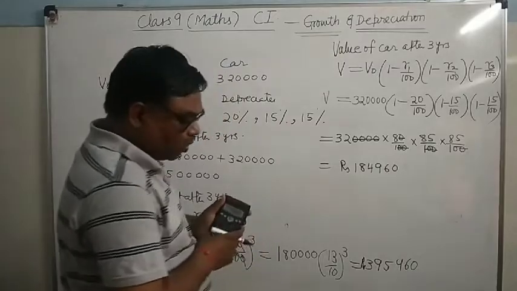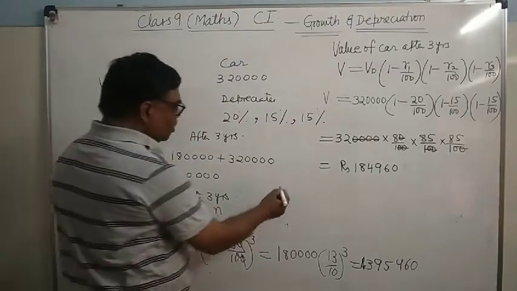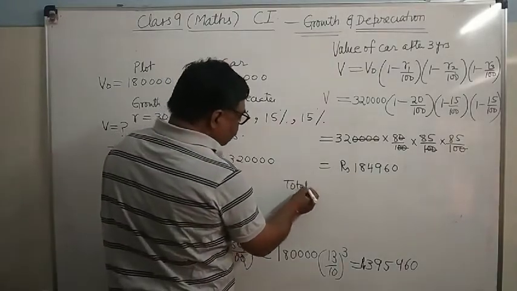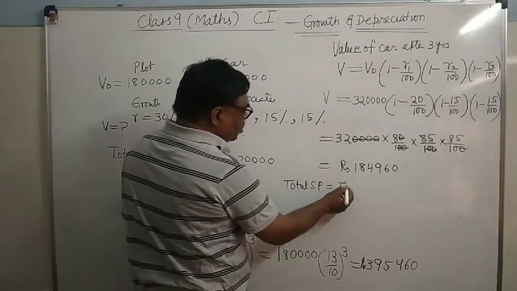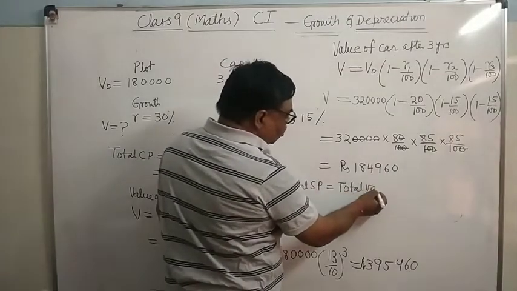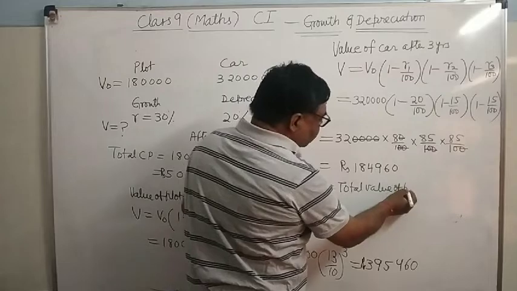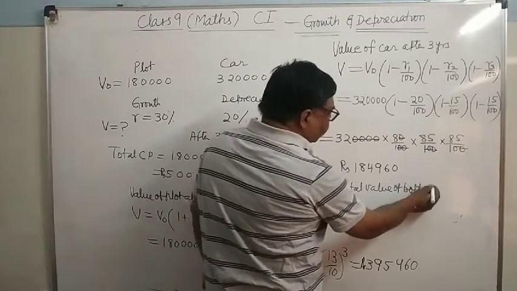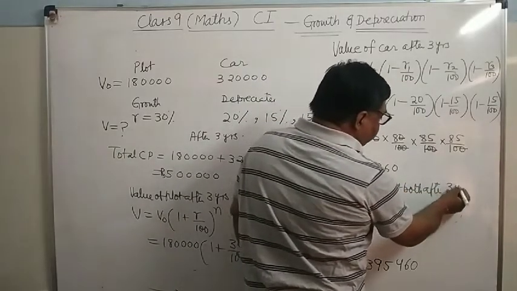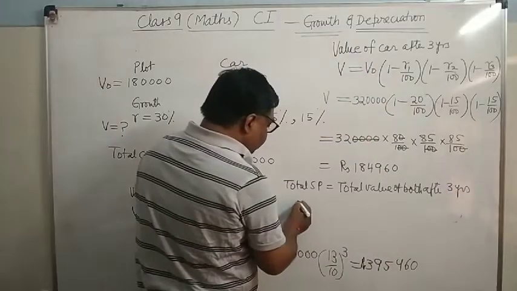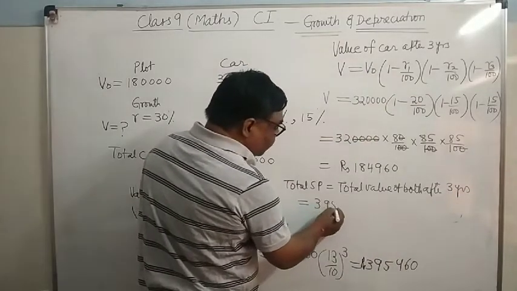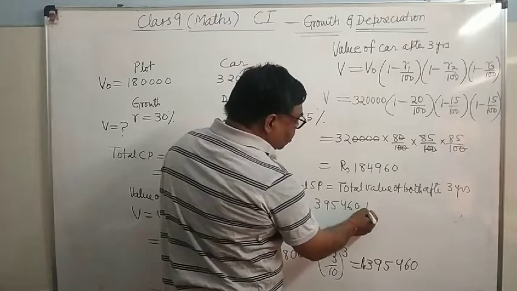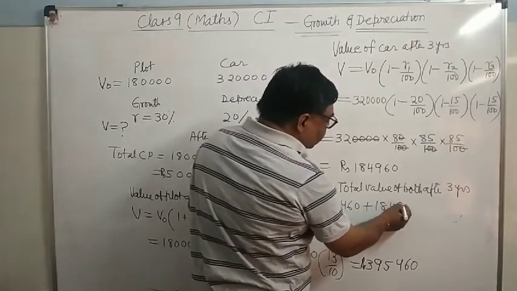So what is the total SP? SP equals the total value of both after 3 years. So it will be equal to 395,460 plus 184,960.